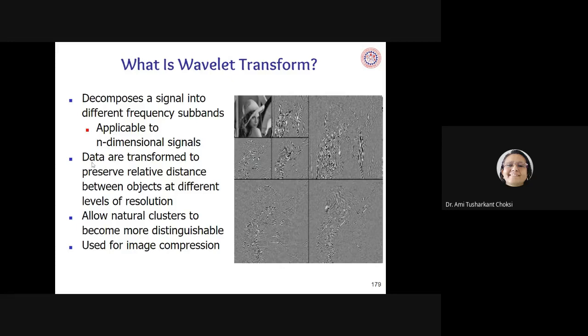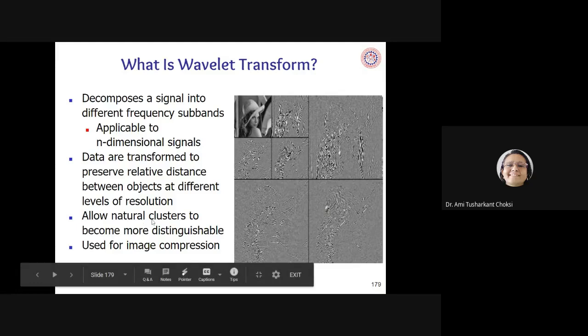Data are transformed to preserve relative distance between objects at different levels of resolution. It allows natural clusters to become more distinguishable, and it is used for image compression.